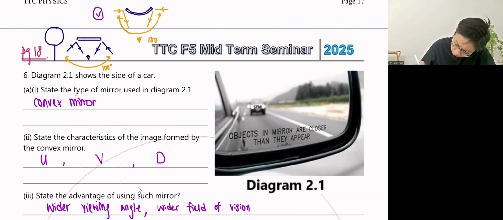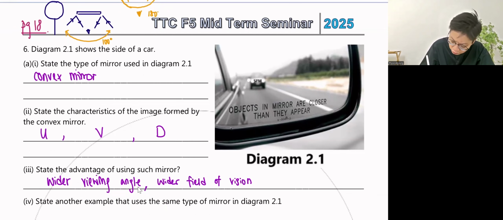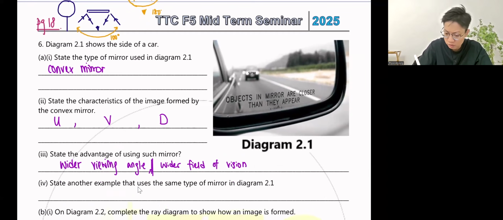So we generally have two terms here: a wider viewing angle and a wider field of view. So therefore, that's it.